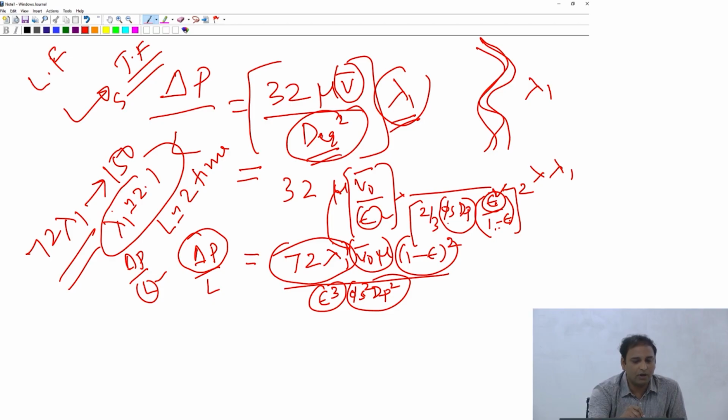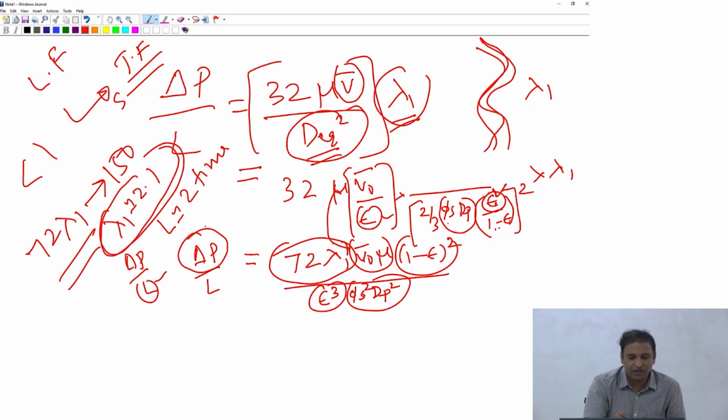This tortuosity factor, there is no way of directly measuring it. The only thing you can do is formulate the problem so that you are under laminar flow conditions, that is, your Reynolds number is less than 1 for flow through packed bed problems, and then carry out experiments.